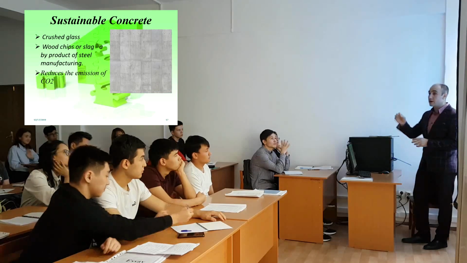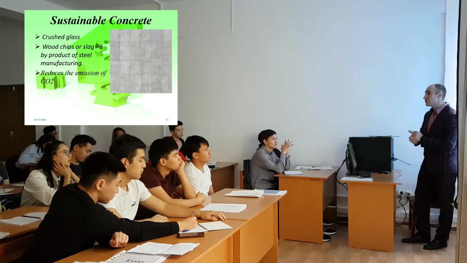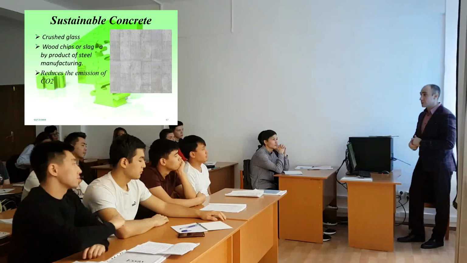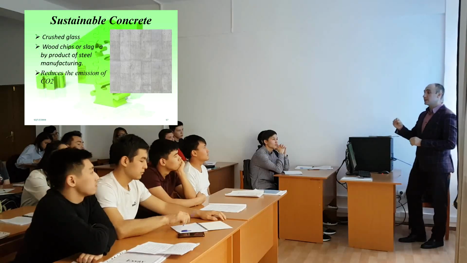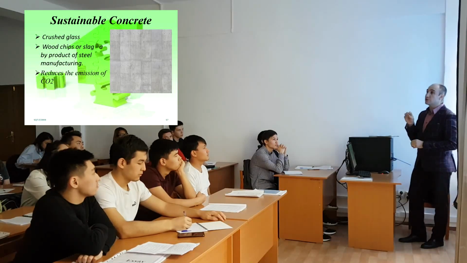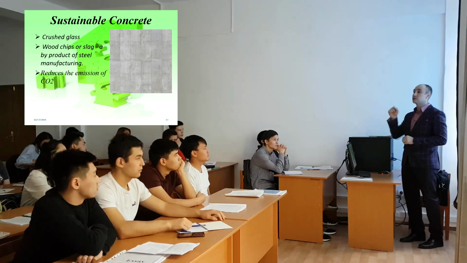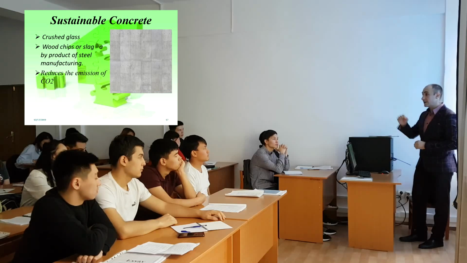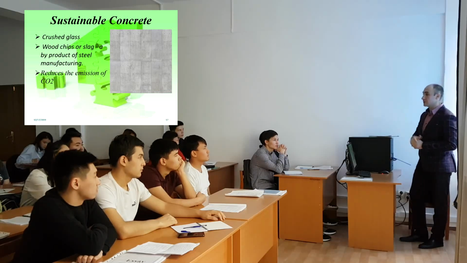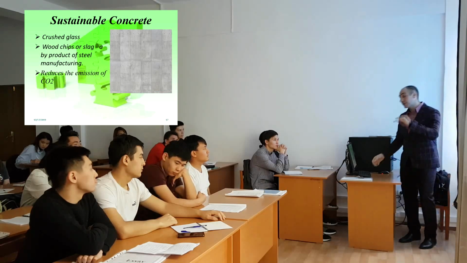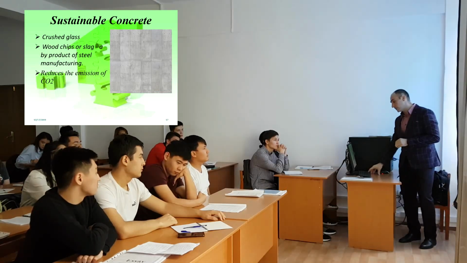First of all, by reducing the emissions during production of the concrete mass, so the carbon dioxide will be reduced. And as I told you, during production of the concrete mass there is a really huge amount of carbon dioxide emission. So the wood chips and slag can reduce the amount of this emission.